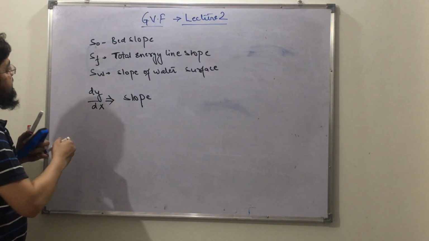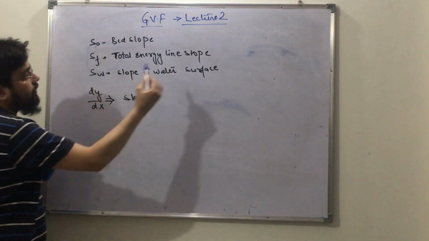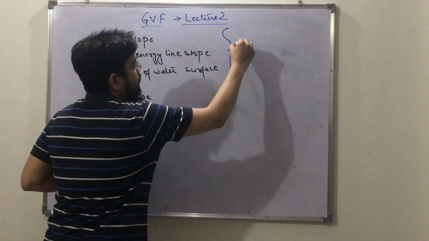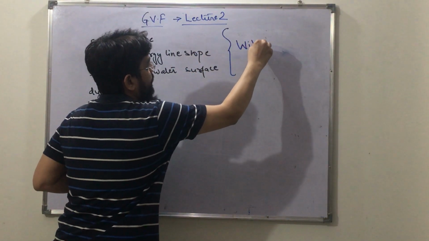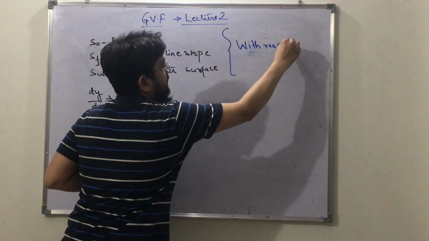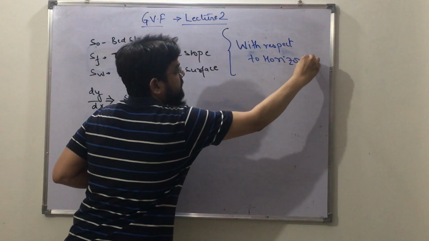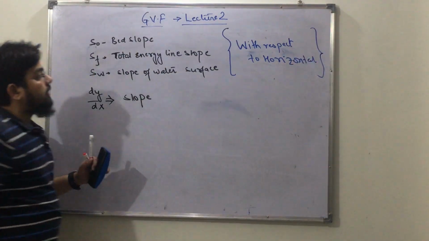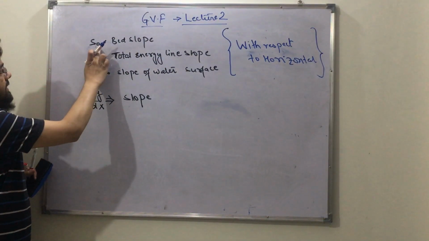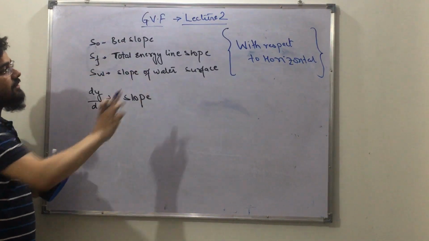See, all these S0, SF and SW are measured with respect to horizontal. Very, very important. All these, S0, SF and SW, are measured with respect to horizontal.